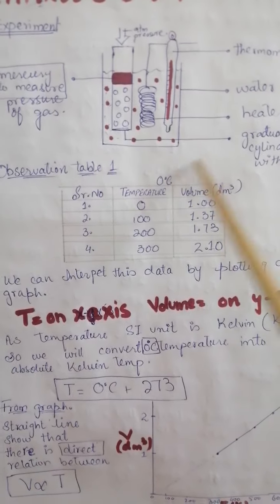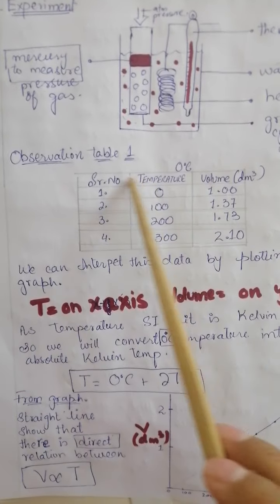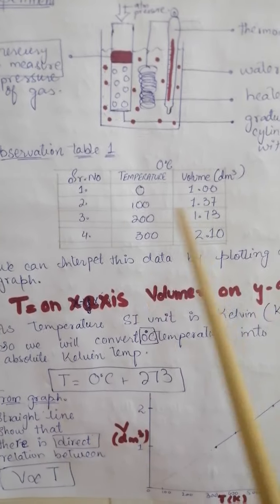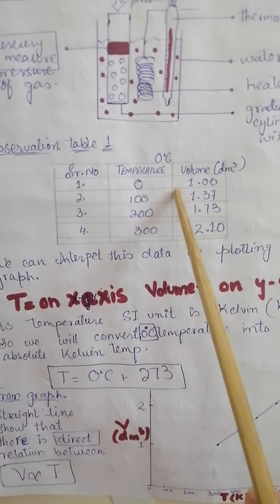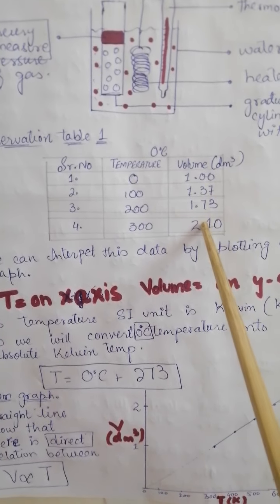After taking many observations, he drew a graph and a table, and if you see in the table there are some values of temperature and volume.